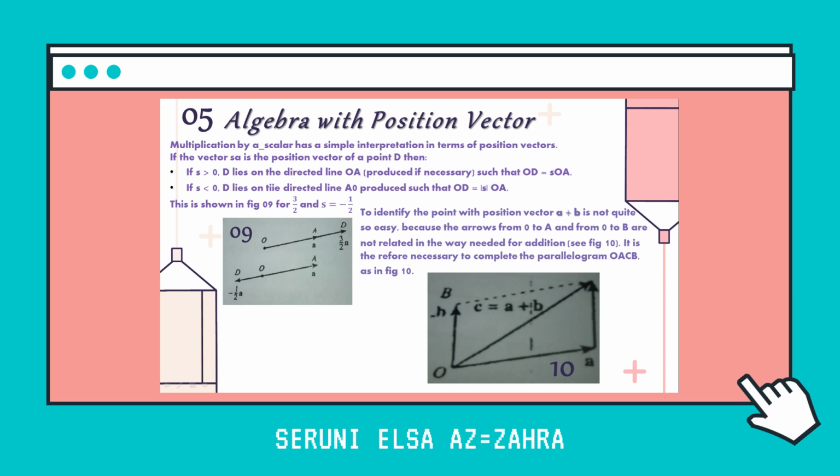s equals -1/2. To identify the point with position vector a plus b is not quite so easy, because the arrows from O to A and from O to B are not related in the way needed for addition. See figure 10. It is therefore necessary to complete the parallelogram OACB as in figure 10.